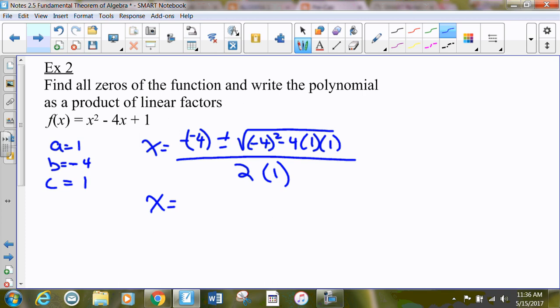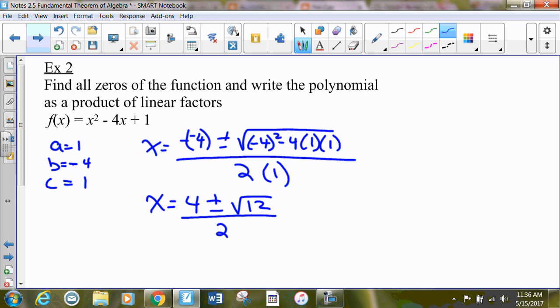Let's see, minus negative 4 is 4, plus or minus. Let's go ahead and put that square root stuff into your calculator, and you get square root of 12. We don't want to write that as a decimal approximation. We would if we were in a context problem, but we want to keep it real. We want to keep it as exact as possible, not an approximation. So we're almost done there.